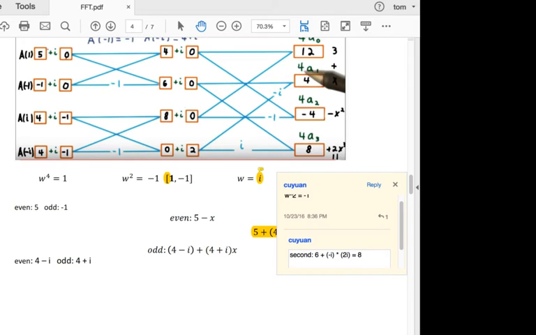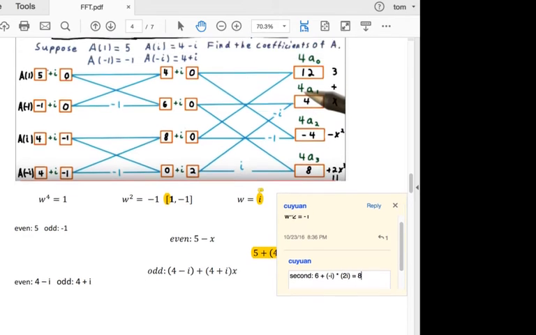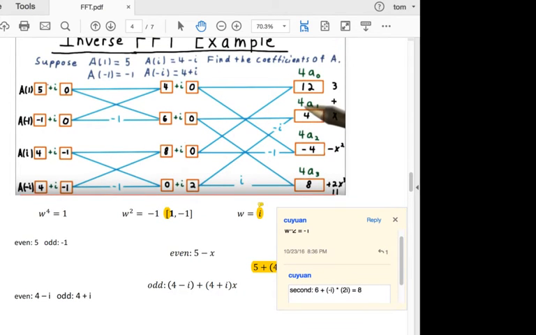Because I thought this one should be the even part minus.